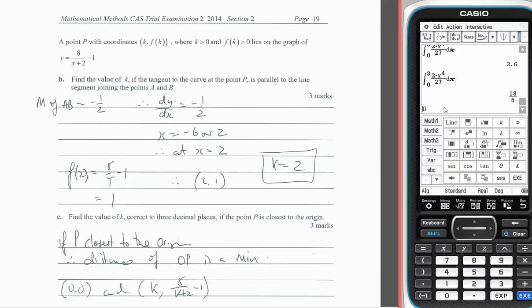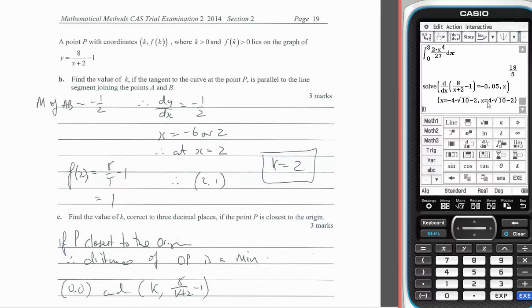So what I need to do is take my function, which is 8 over x plus 2, minus 1, and I wish to take its derivative with respect to x, set that equal to negative a half, and solve it.